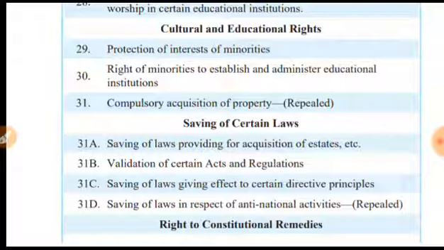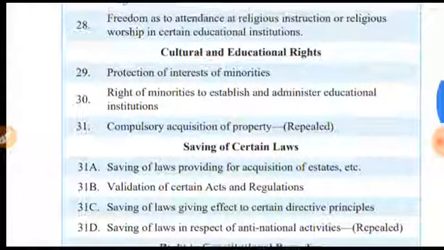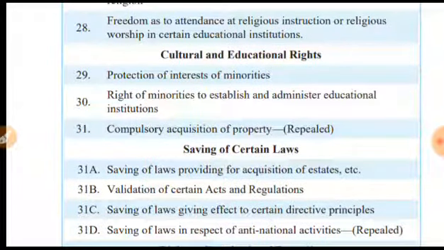Article 29 is protection of interests of minorities. Please remember, Articles 29 and 30 are related to minorities mainly: 29 is protection of interests of minorities, and 30 is the right of minorities to establish and administer educational institutions.